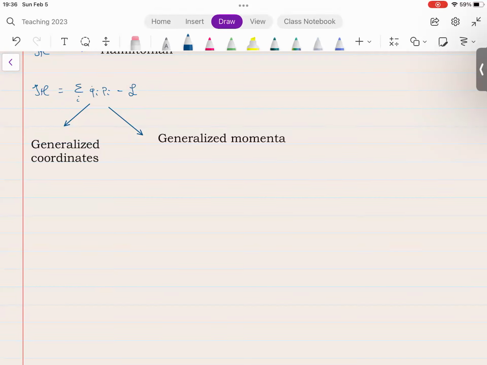I'm not going to go into the discussion of how you get this Lagrangian. You may have seen it already in other courses. If you haven't, I'm just going to state the following: the Lagrangian for a single particle in an electromagnetic field looks as follows.